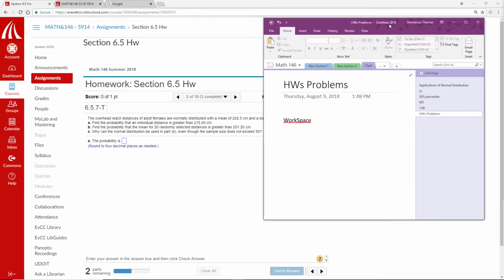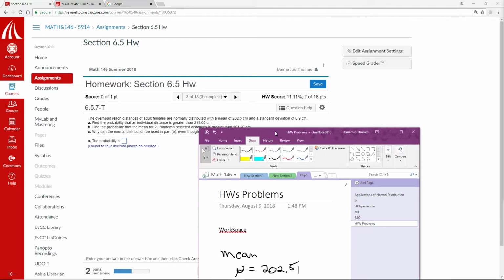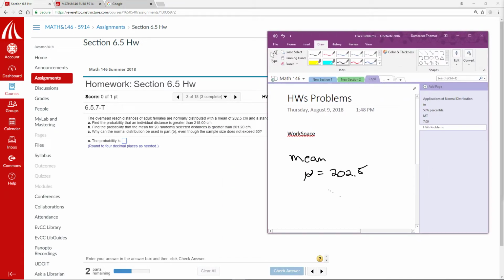That women's heights have a mean, and I should have just put mu, of 202.5 and a standard deviation of 8.9.